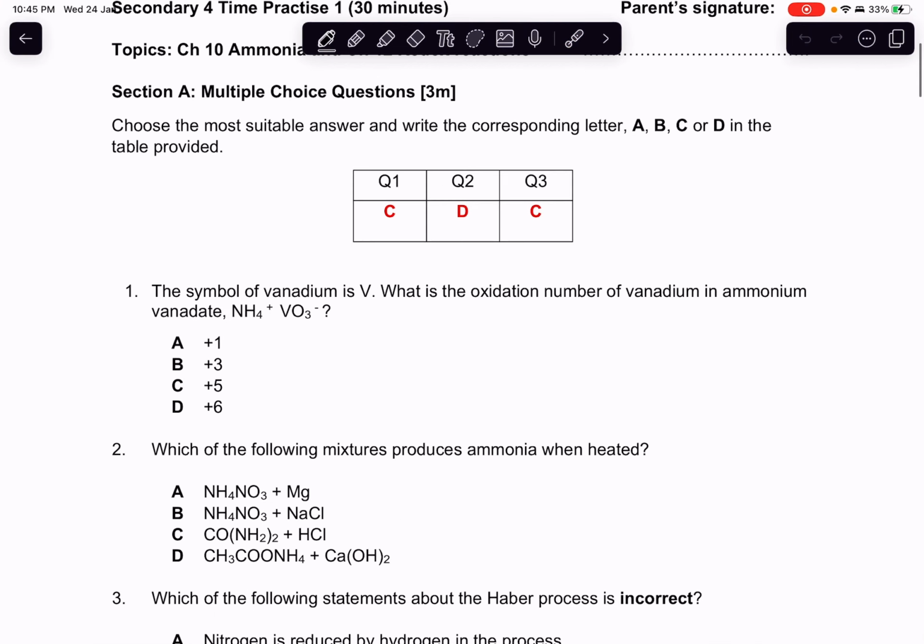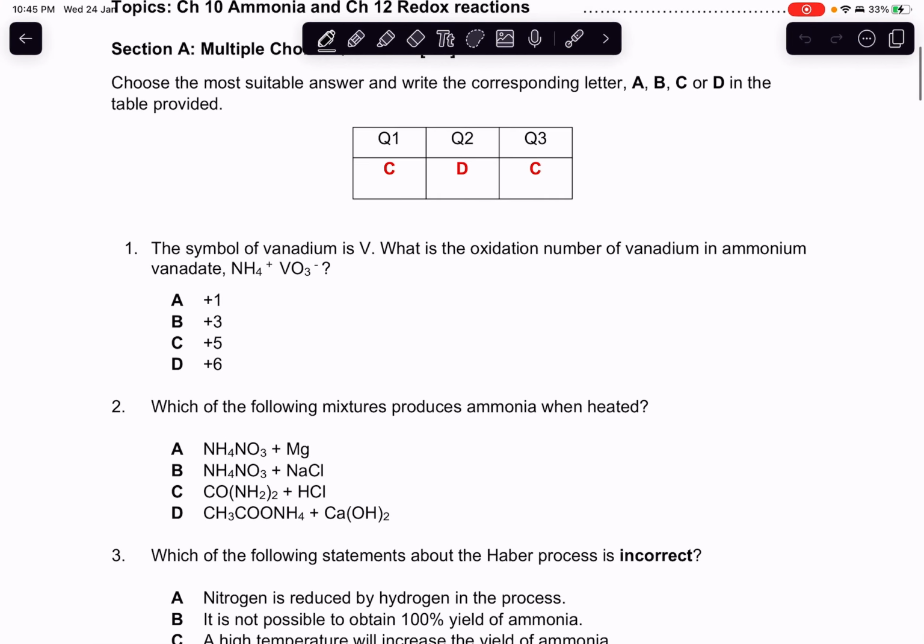Okay, so how do you get the OS of vanadium in ammonium vanadate? Notice that the formula, if you balance out the charges, will be NH4VO3. You already know that the total oxidation state of NH4 is +1, and VO3 is -1. So all you have to do is look at VO3 minus.